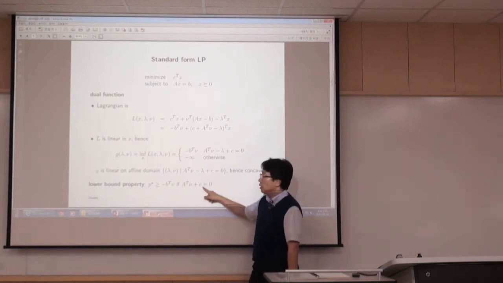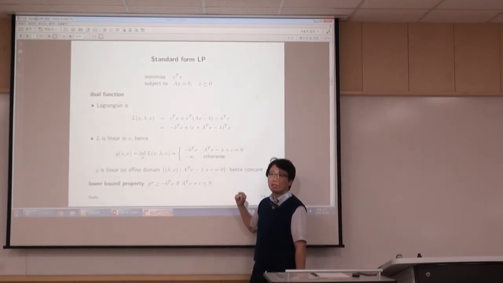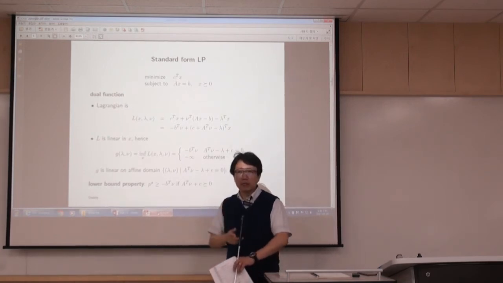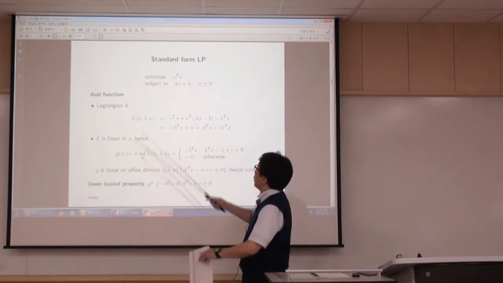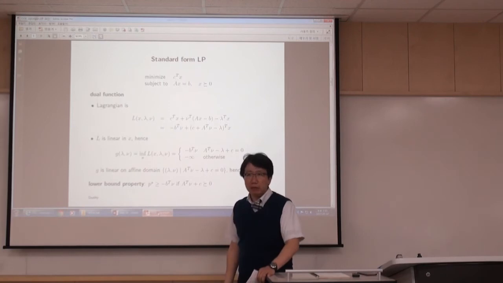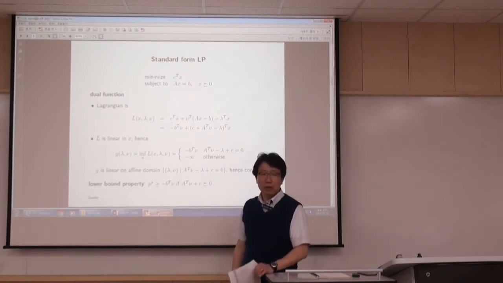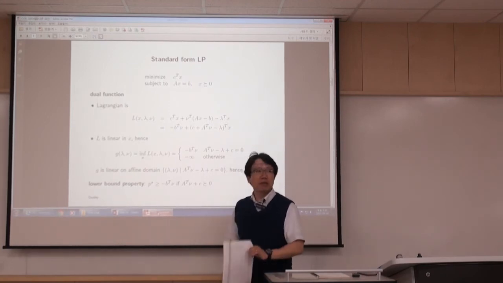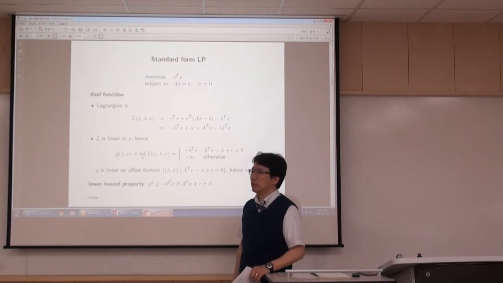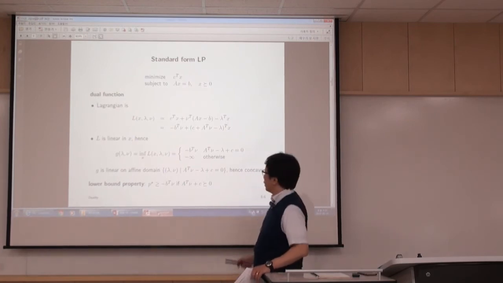It's again a LP problem. Right? So, one observation is this. Given our standard form LP problem, the dual problem is also an LP problem. Right? And it's given like this.